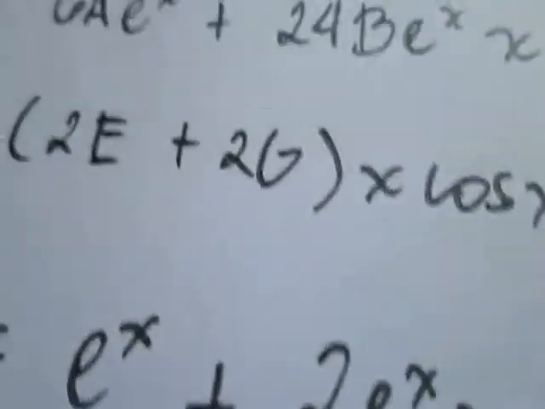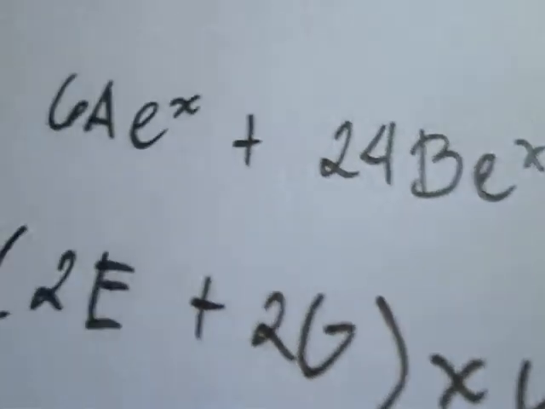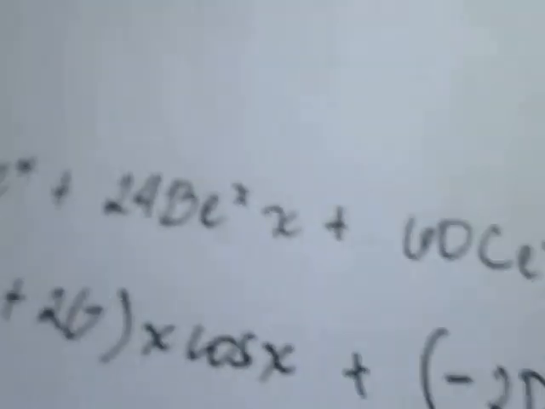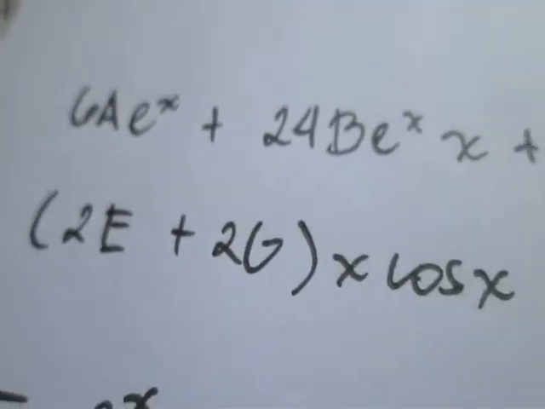And for the next term, which is 2e plus 2g x cosine x, since we have here negative 3x cosine x, we have 2e plus 2g equals to negative 3.